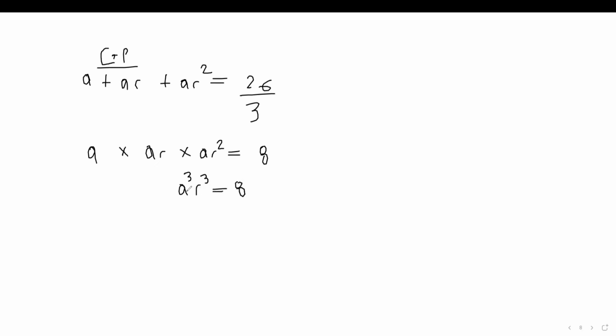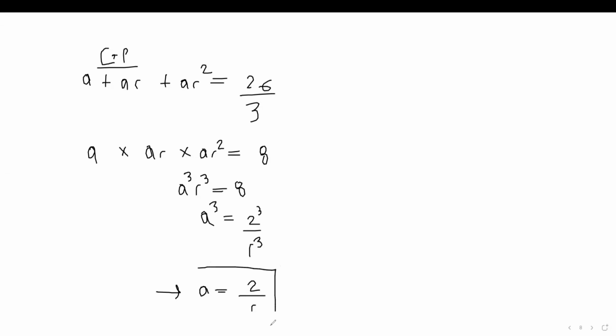If I make A the subject, A cubed would be 8 over R cubed. This number 8, I can write as 2 cubed. So I can cube root both sides, and that tells me A is equal to 2 over R.